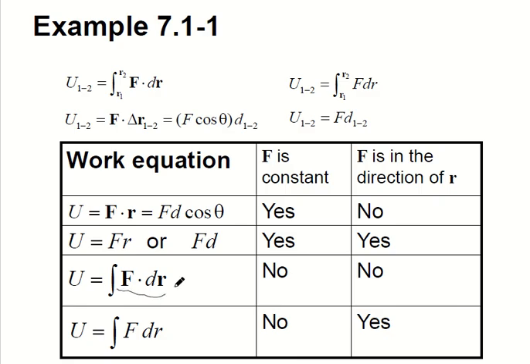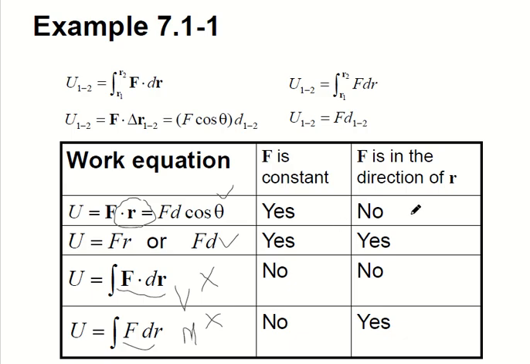This is just showing you as a vector, because see the bold, and this is just showing you we're concentrating on just the amount, which is the magnitude. So your F is constant in this equation, the force at an angle, and here too. Here we're integrating, so therefore you're dealing with a non-constant force. Here F is in the direction of R, so the movement is along that line.